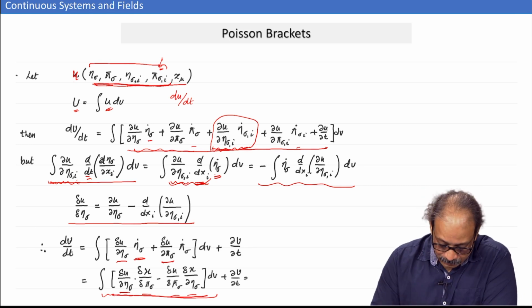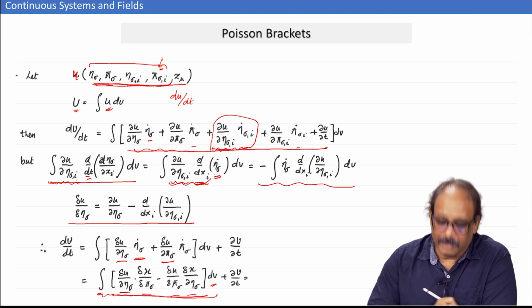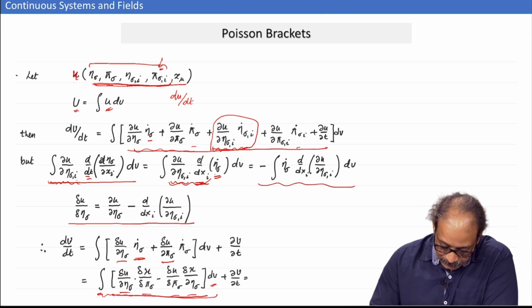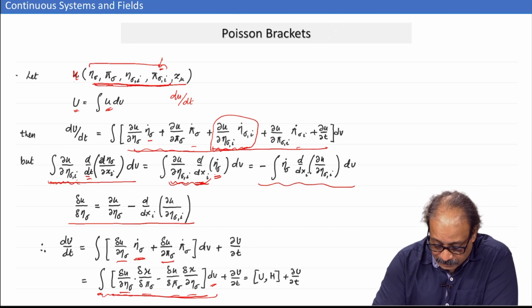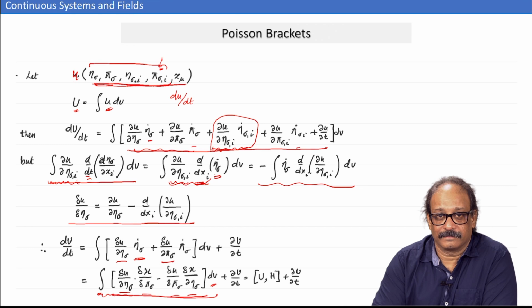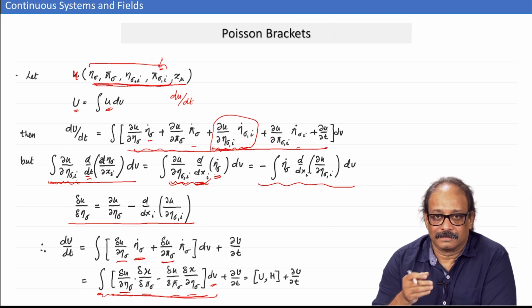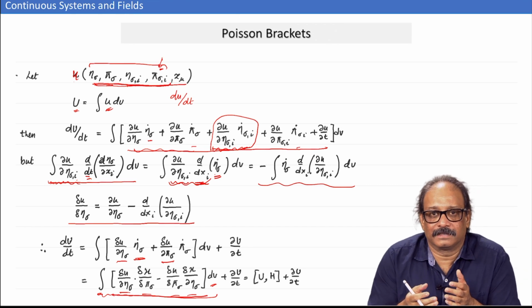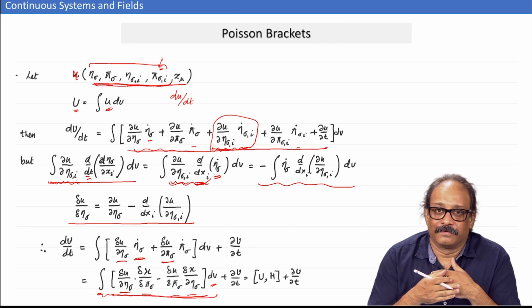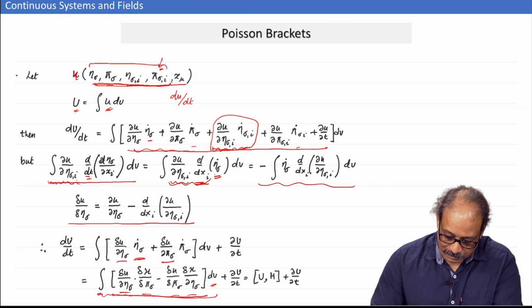That summation is anyway going to become an integral here, and I will write this as the Poisson bracket of u comma H plus del u by del t. Now, this has come. So the Poisson brackets have emerged from the Hamilton formulation like it did in the case of finite or discrete systems, and not surprising.